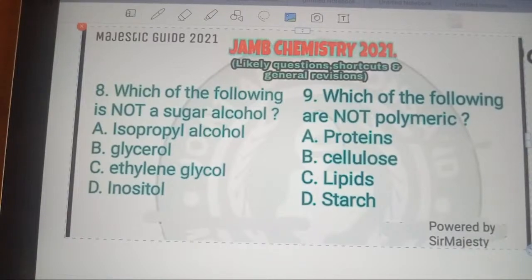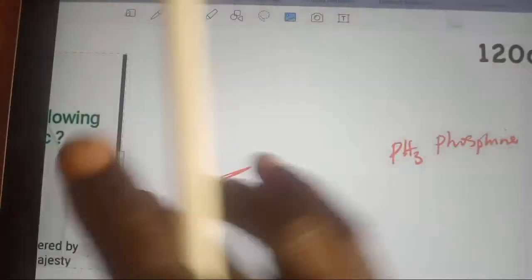Now, when you come to alcohols, I'm treating alcohols now for you. You can divide alcohols into monohydric, dihydric, and polyhydric alcohols. Then just know that polyhydric alcohols are commonly called sugar alcohols.